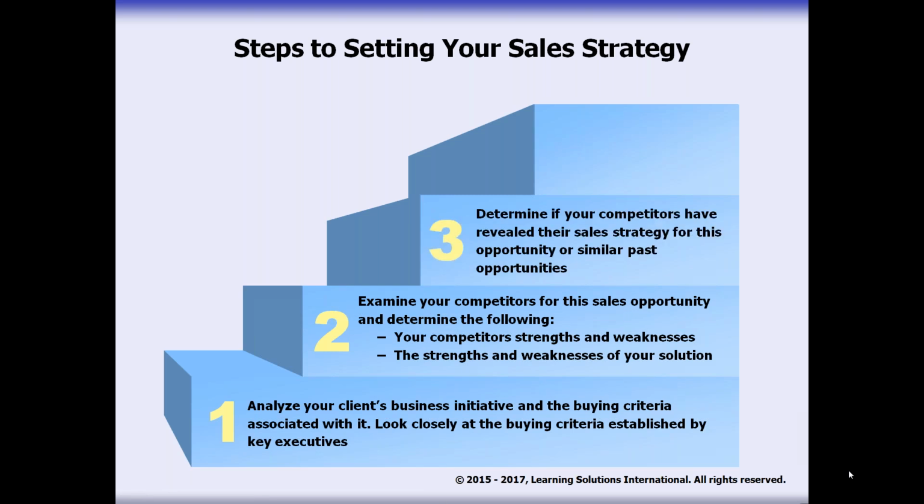Third, you want to see if your competitors have implemented a sales strategy in the past for this opportunity or similar past opportunities, or perhaps even other opportunities that they're pursuing that you know about. And fourth, only then can you select your strategy by addressing the points that I just covered.